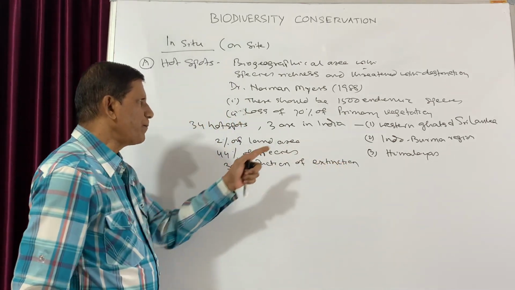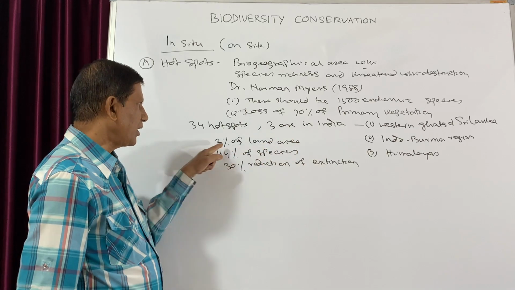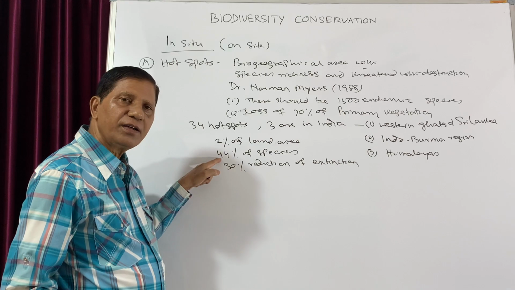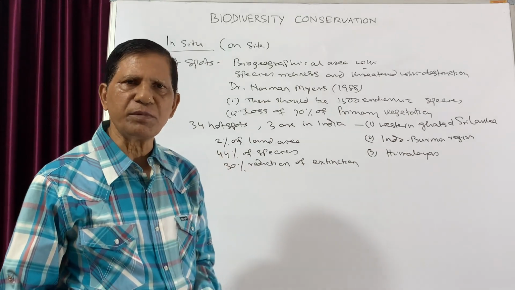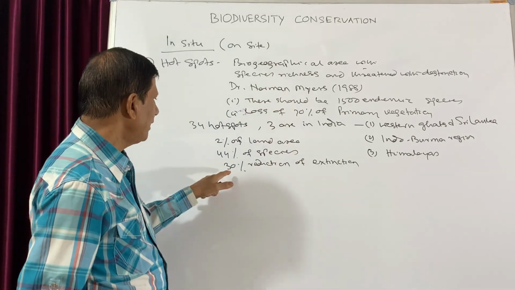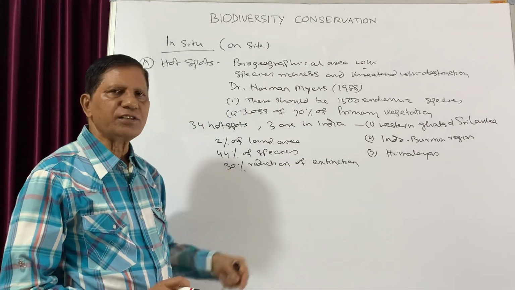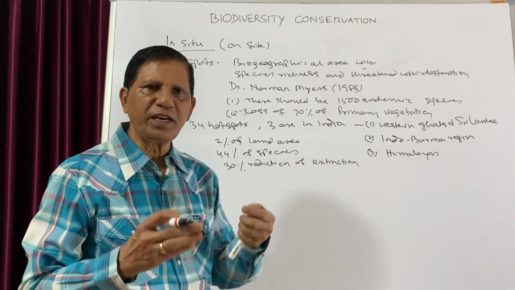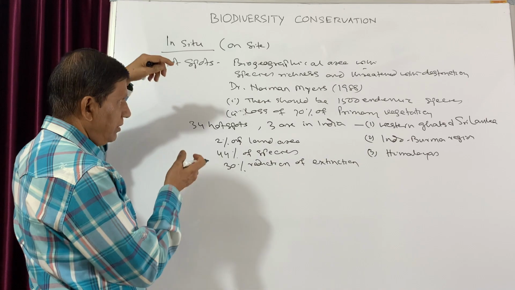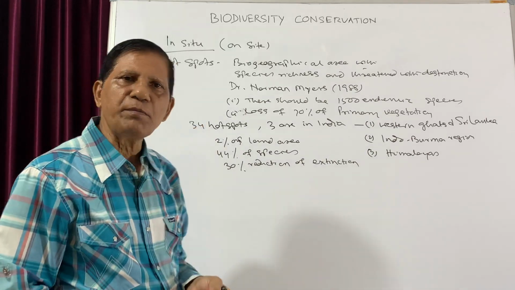That is, the hotspots cover only 2% of the land, but they contain 40% of the species, because there is species richness, and 30% reduction in extinction, because it is biologically very rich. So this is one way of conserving the biodiversity.